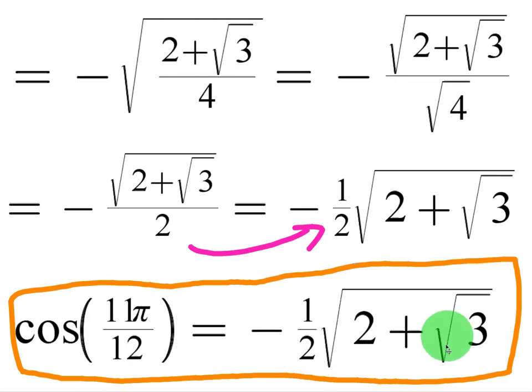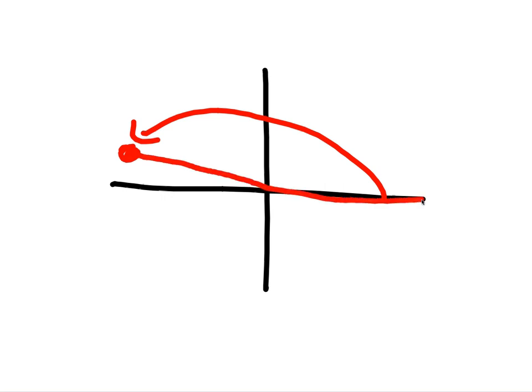Now, I was able to plug this into my calculator, and it gave me something like negative 0.96, something very close to negative 1. I want to show you visually what this would look like and why it's so close to negative 1. So if we draw the angle 11 pi over 12, we get something very close to the x-axis.